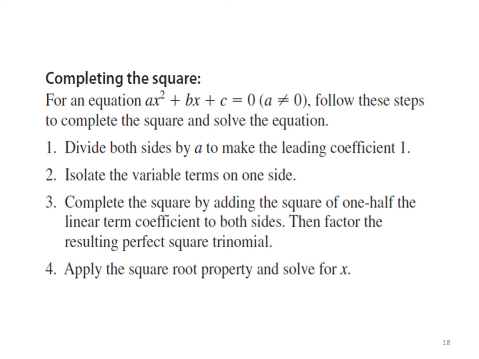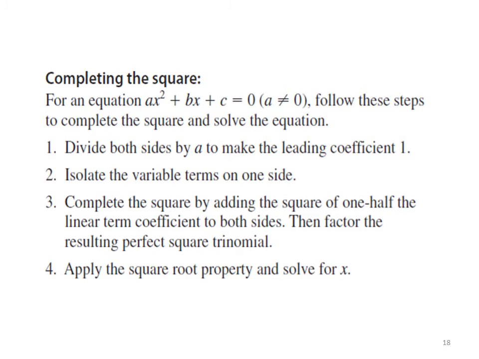The other method to solve quadratic equations is called completing the square. Try to write the equation as a square of something and then apply the square root property to find the solution. Again, we are trying to solve a quadratic equation, ax² + bx + c = 0, and a does not equal 0.